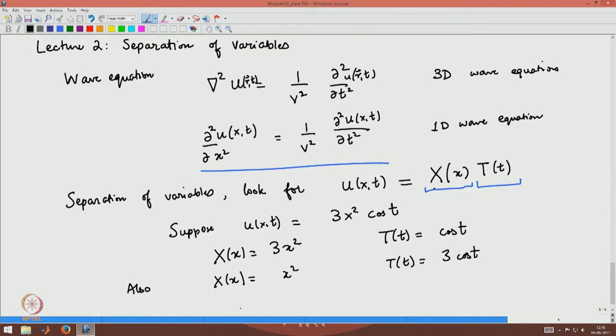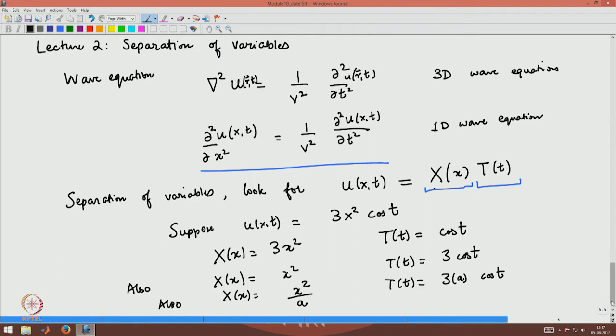You could also say X(x) is equal to x² divided by some number a, and T(t) is equal to 3a times cos t.